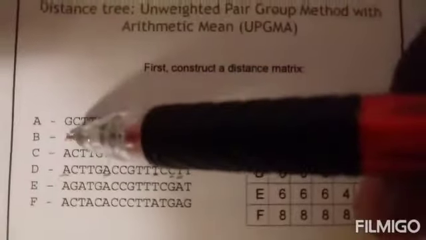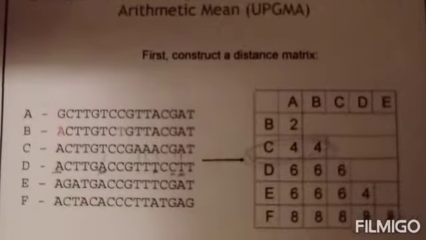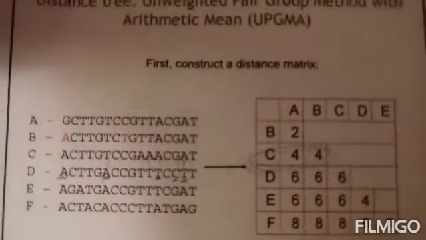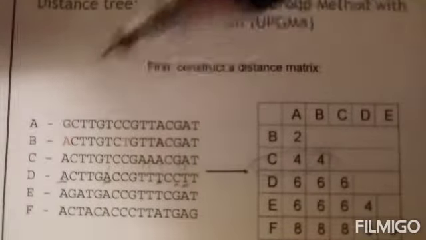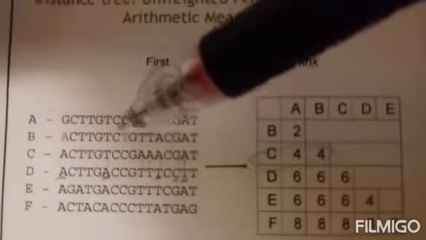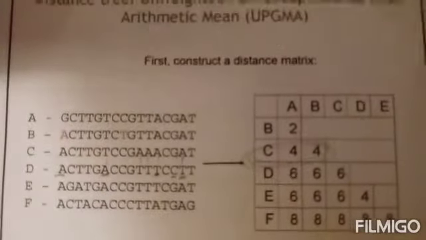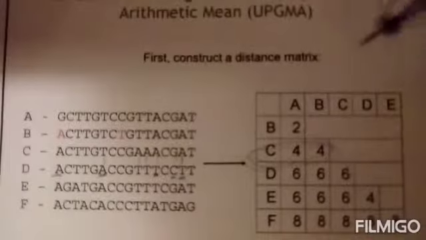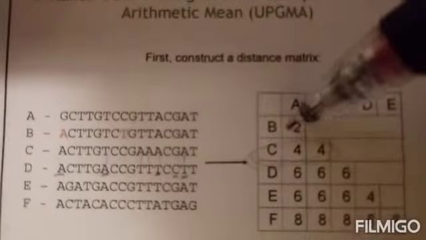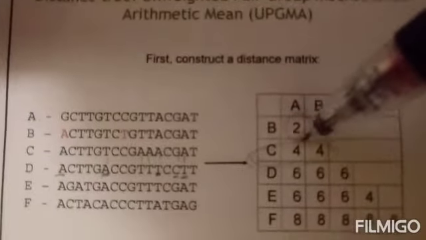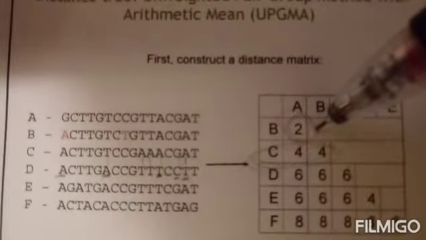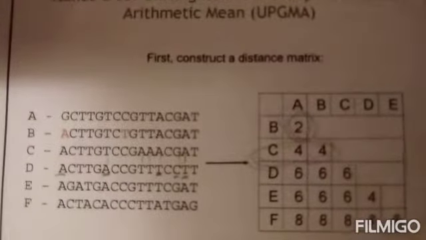You see these are the two sequences A and B. Okay, when I consider the two sequences, I have marked something in red color over here. This is a substitution, this is a substitution, so you have two substitutions, so that is why you have a distance of 2 over here. Okay, that's why the matrix gives you 2 over here. So based upon that, this distance matrix is constructed.